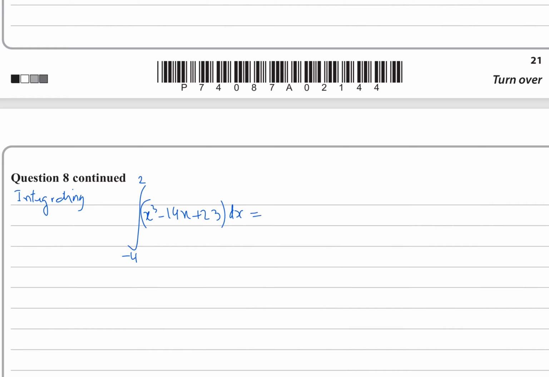So that is equal to the integral from minus 4 to 0 of x cubed minus 14x plus 23 dx, plus the integral from 0 to 2 of x cubed minus 14x plus 23 dx.